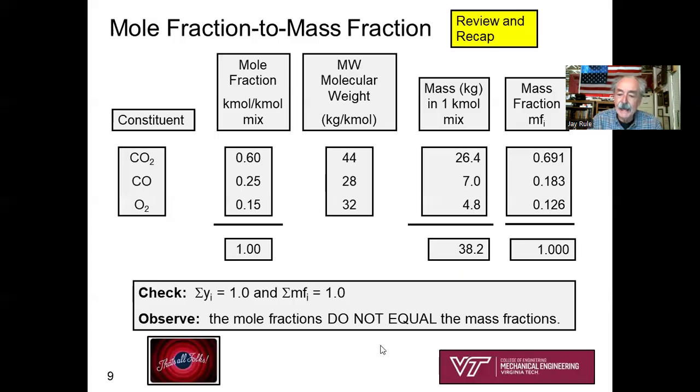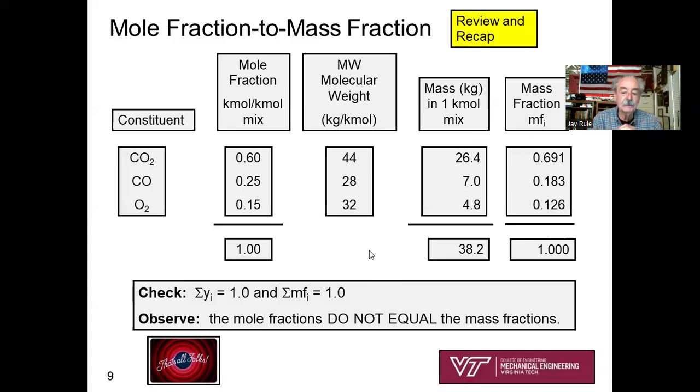Okay, so let's add up what we have in our columns. Do you see that in our mole fraction column, we add these numbers up to get 1.0? Check. Okay. Mass fractions, we need to add these up. Do we get 1.0? Yes. Check. Okay. So we've checked our work. And also observe that numerically the mole fraction is not the same as the mass fraction.